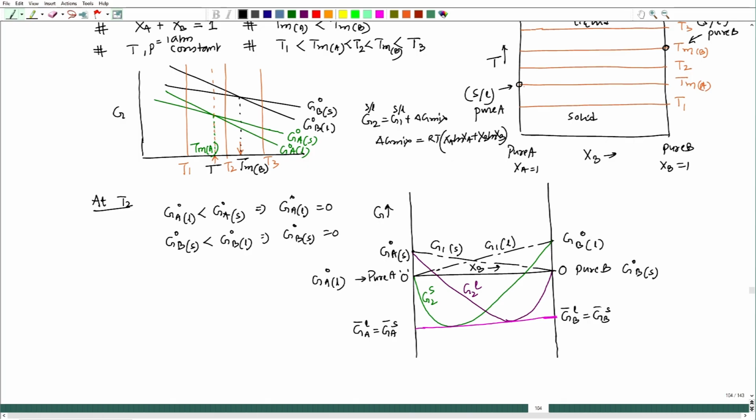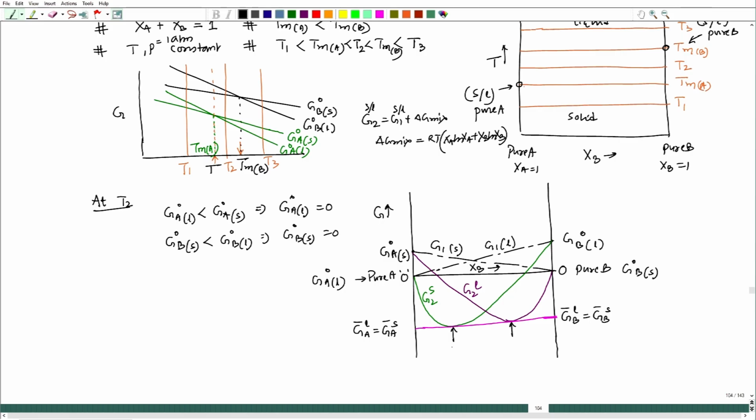So, chemical potentials of both the components in solid as well as liquid solutions are equal. So, that suggests equilibrium at that temperature. So, this is at T2, pressure is always 1 atmosphere. So, now we see this particular point and this particular point, these 2 points are under equilibrium.